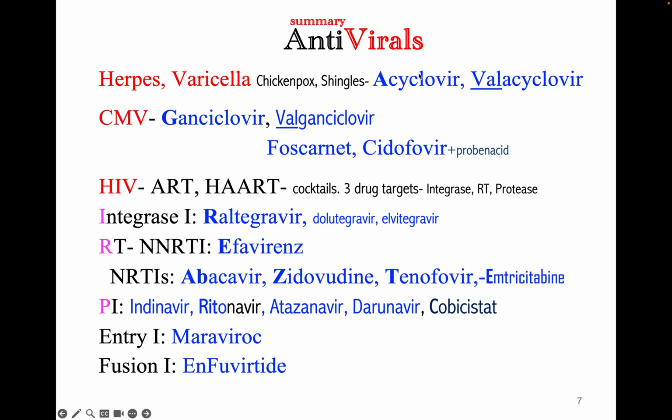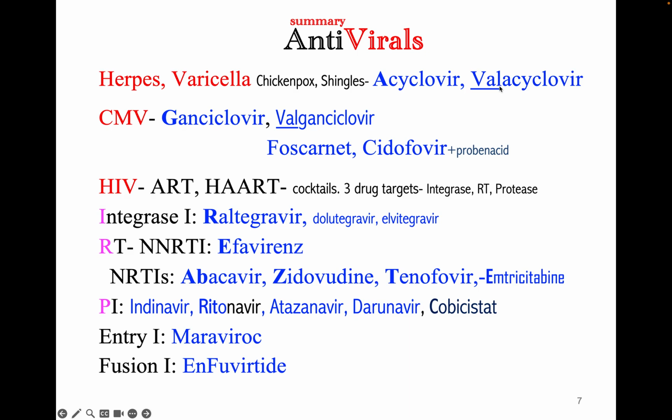Another point if you want to distinguish these drugs: Valacyclovir is once daily, Acyclovir is oral twice daily, and Acyclovir topical is available. Valacyclovir does not have a topical form. The reason is that Valacyclovir is a prodrug.